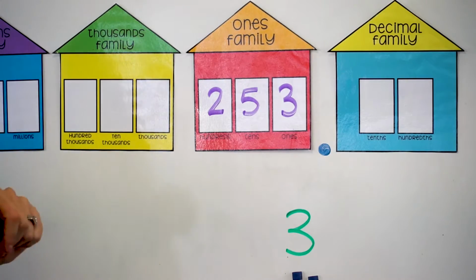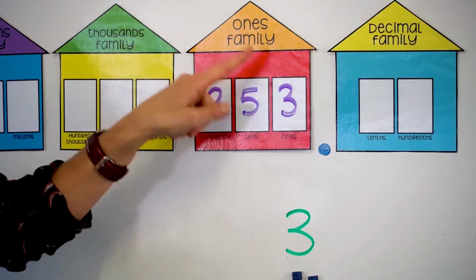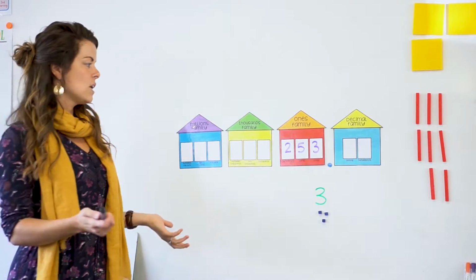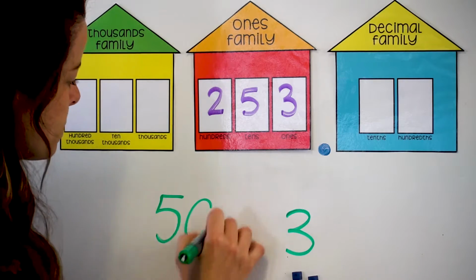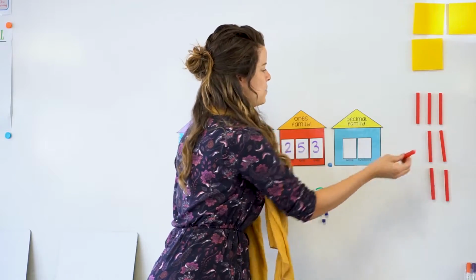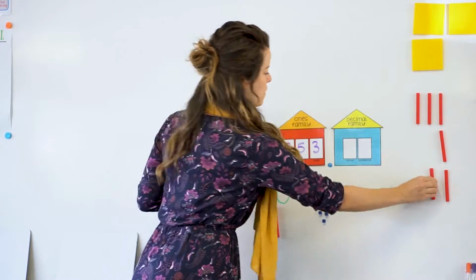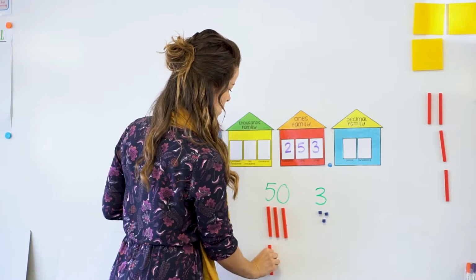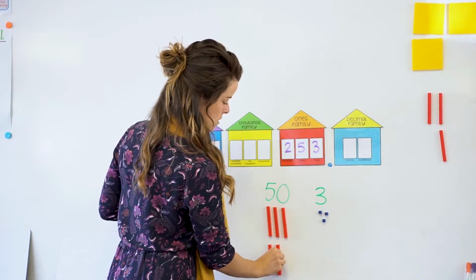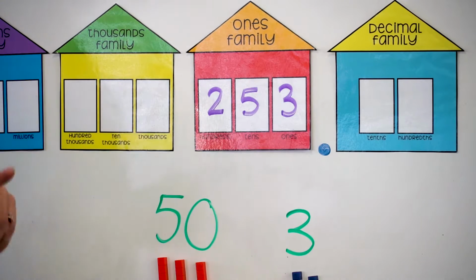We'd be looking for students to identify that this 5 is equivalent to 5 tens, which is 50. We'd move those over to represent the 50: 1, 2, 3, 4, 5.